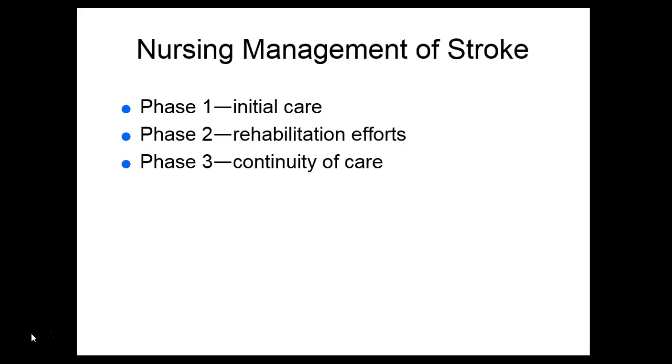So there's 3 phases of care for a patient who has a stroke. Phase 1 is the initial phase. Phase 2 is concerned with rehab efforts, and phase 3 is during which plans are made for continuity of care once the patient returns home.